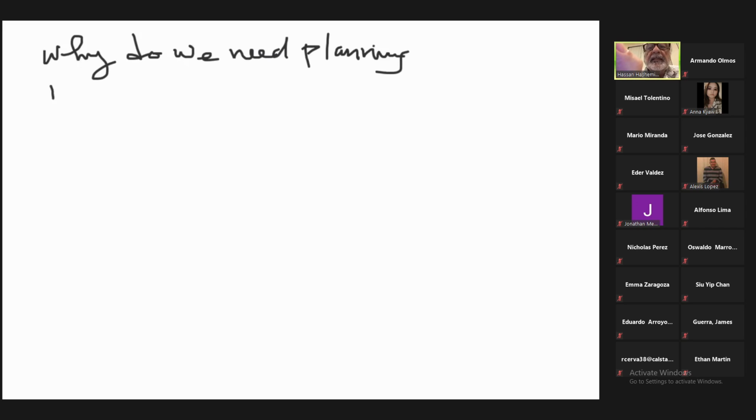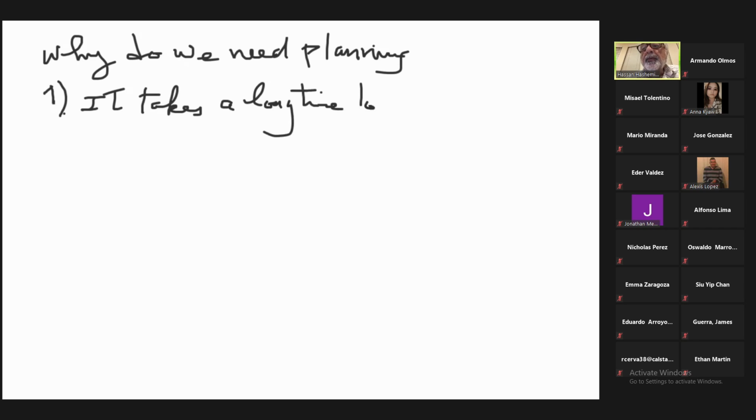The first reason we can say is that any project that we do in transportation takes a long time. It takes a long time to build a transportation system, whether it's a highway, airport, rail system, whatever it is.